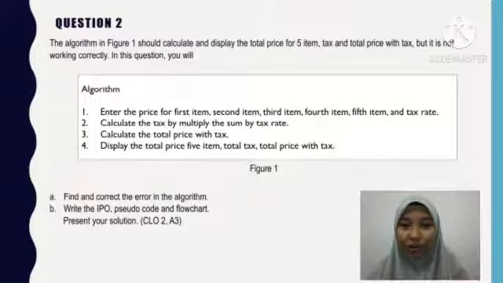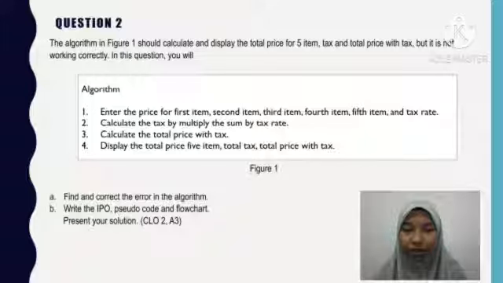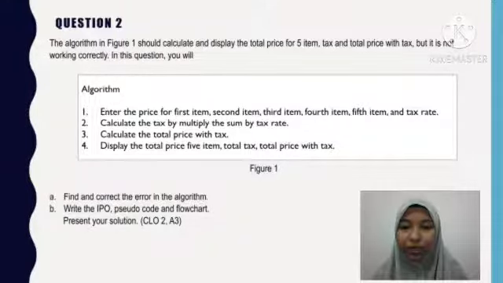In question 2, the algorithm in figure 1 should calculate and display the total price for 5 items, tax and total price with tax, but it is not working correctly. In this algorithm, first enter the price for the first item, second item, third item, fourth item, fifth item, and tax rate.